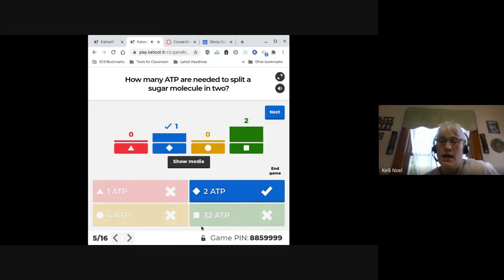We're not to the step where it makes 32 ATP. So you're remembering there that in the very first step, it has to use 2 ATPs in glycolysis to break it apart. Then it makes 4 ATP, and then all those energy molecules that'll later be used. So we're not quite to the 32 step.